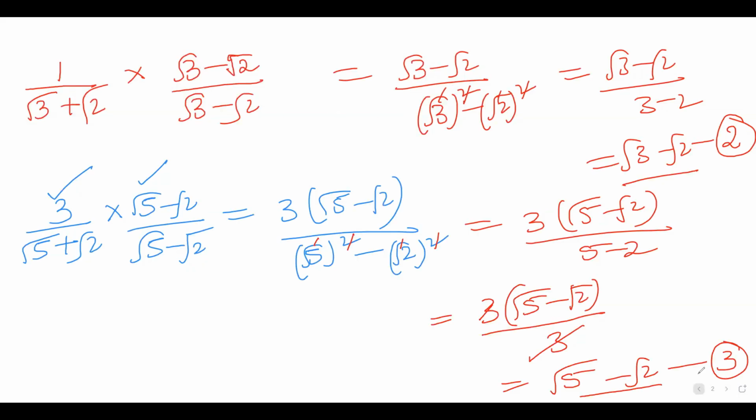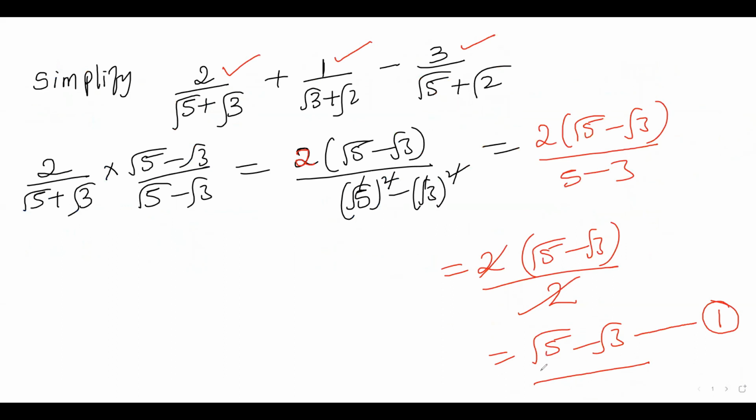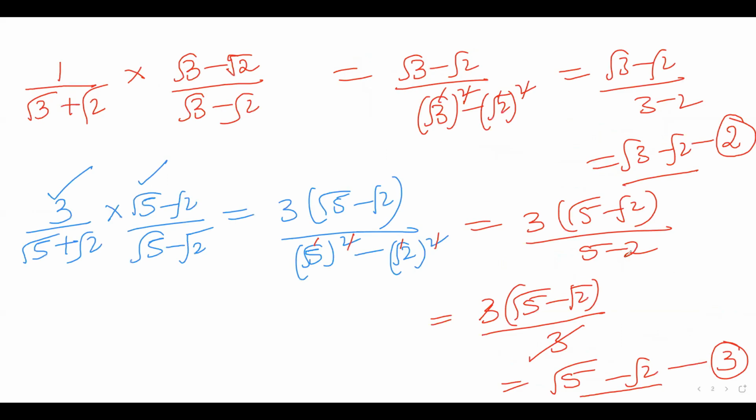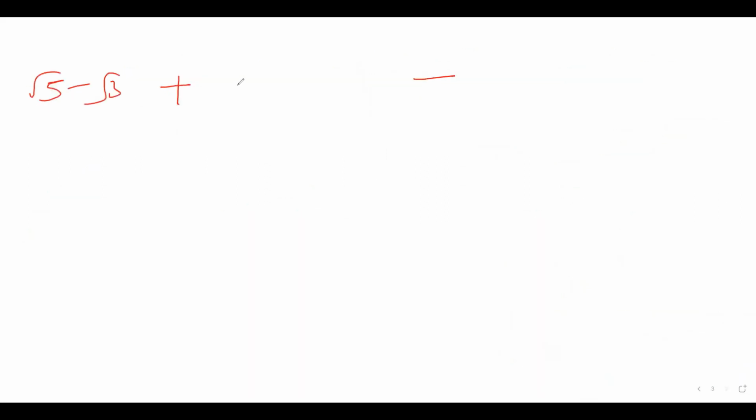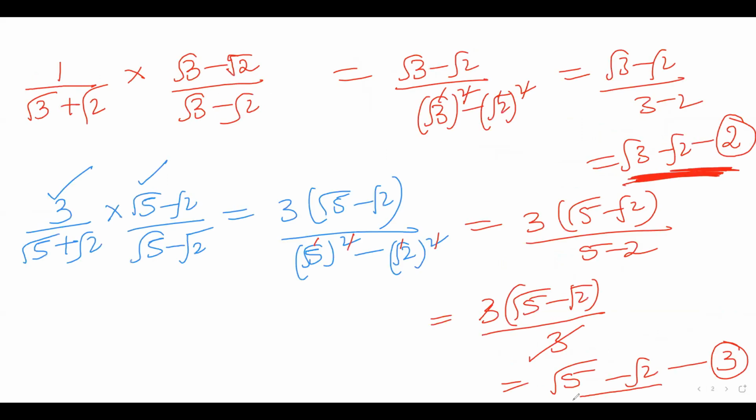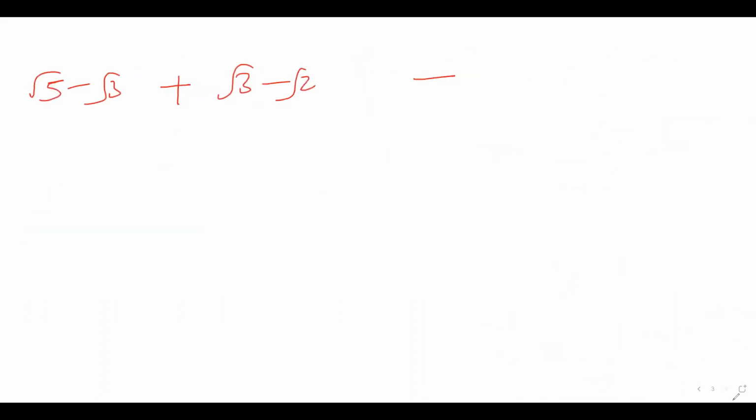What is first term simplification? Root 5 minus root 3 is first term simplification. What is second term simplification? Here we have root 3 minus root 2. Third term simplification, here we have root 5 minus root 2.